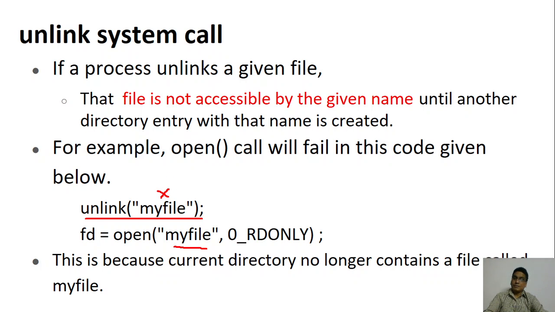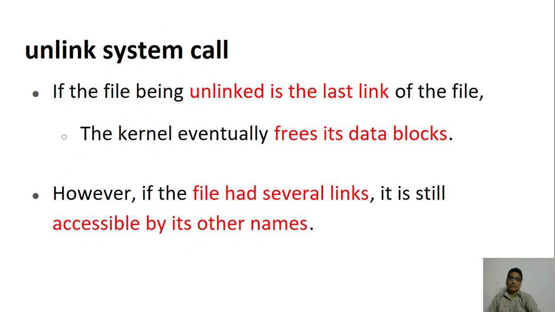If I try to open it, I will end up with an error message because this file has already been unlinked. Unless you create a link again, maybe using the same file name for another file or for the existing file, you will get an error message. If you unlink it, the link is lost, and from then onwards the link is no longer available. It is as good as deleting a file.